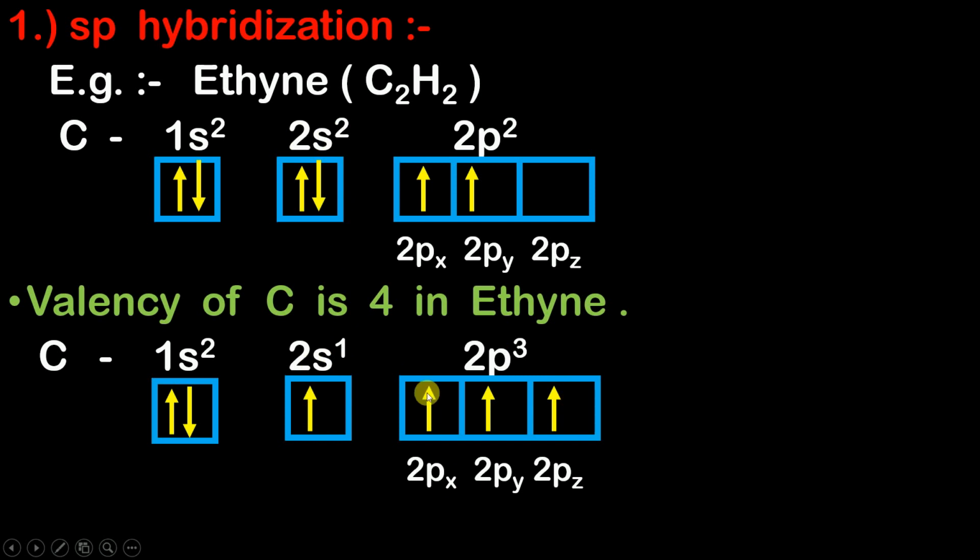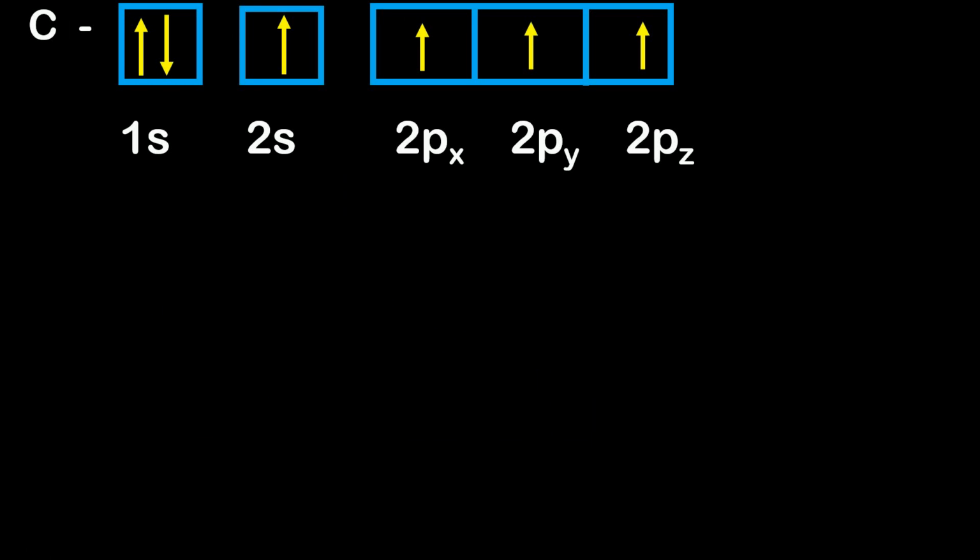It will not jump to 2px or 2py because according to Hund's rule each orbital will get one electron first. Therefore it will jump to 2pz. I've considered this on a new slide now.